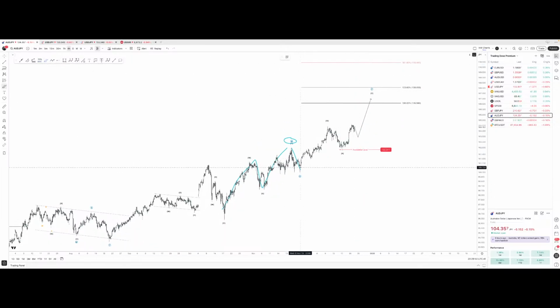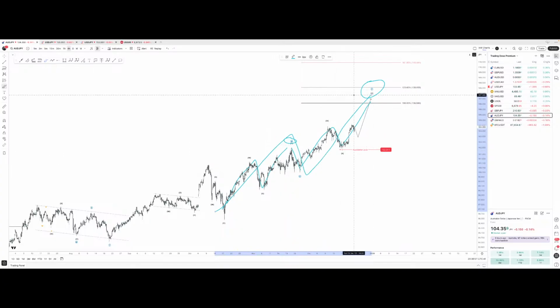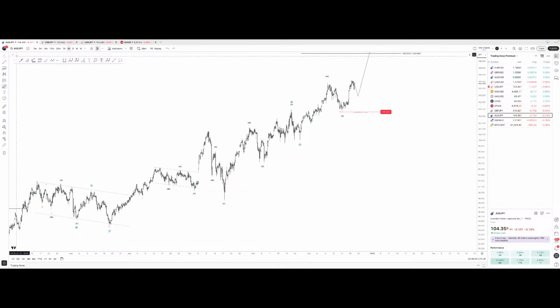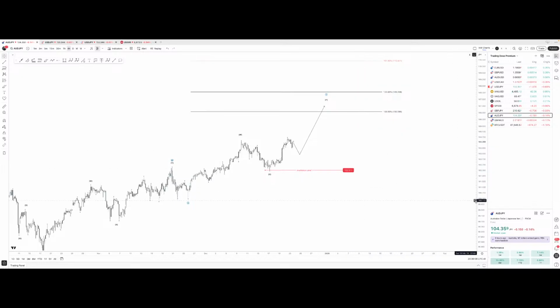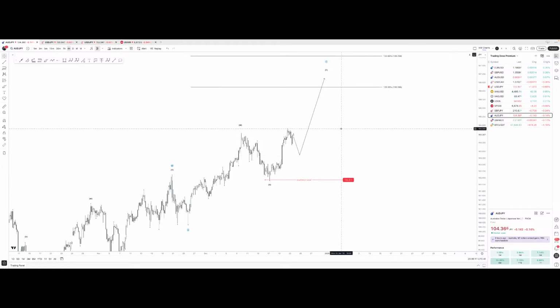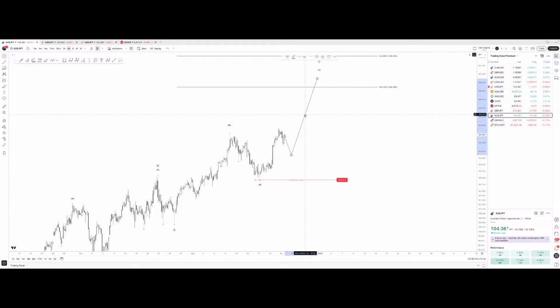We're expecting a WXY to form the bigger Y, so this is where your 1, 2, 3 is going to conclude. Not the nicest structure overall, but currently that's what I would say is the most straightforward pattern and structure to project.